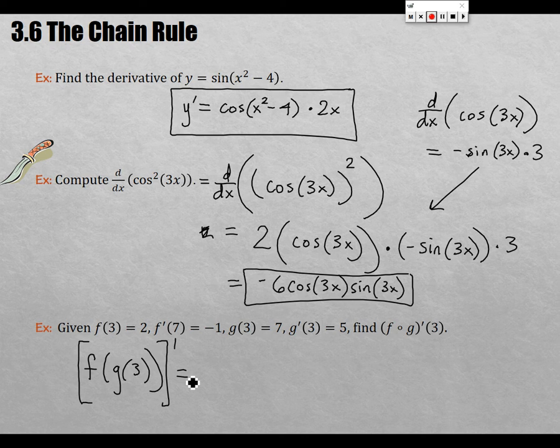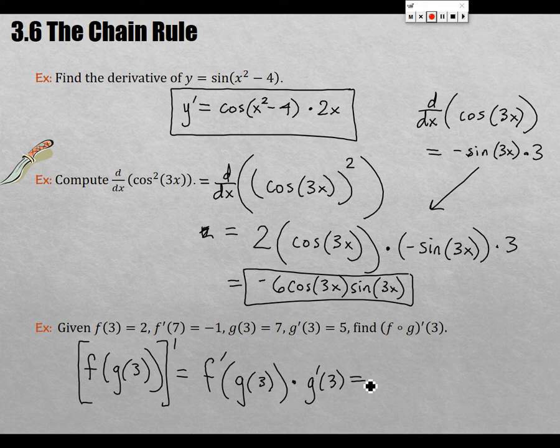Okay. So what is this? Let's not look at any of the other stuff. Let's just write down the chain rule. What is the derivative of f of g of 3? It's f prime of g of 3 times g prime of 3, by the definition of the chain rule, or the theorem.